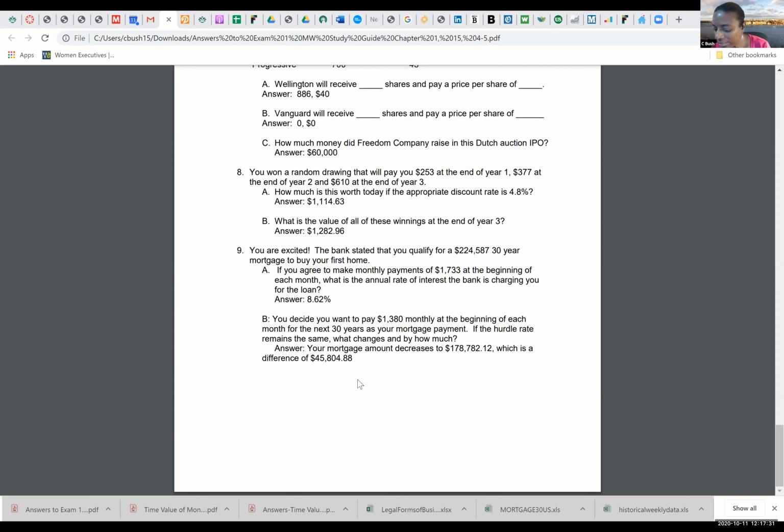Okay, the last number we need to input before we can solve is our payment. And it tells us that the payments are $1,733. So I'm going to input that, but before I do that, notice it says it's at the beginning of each month. Someone tell me, what type of an annuity is this?